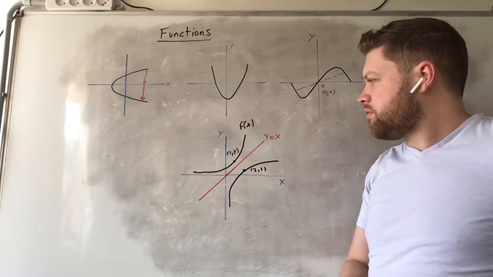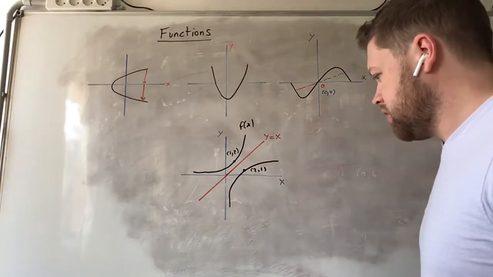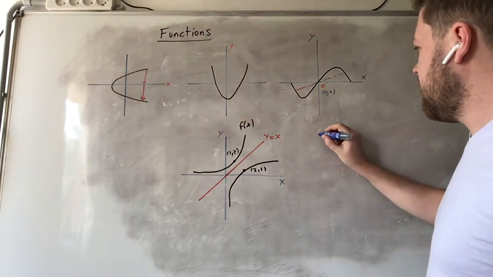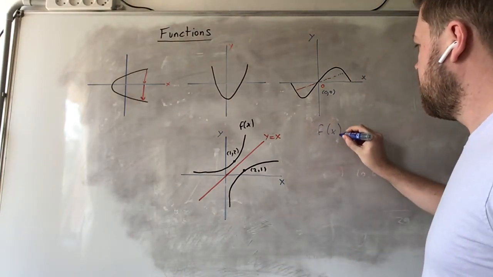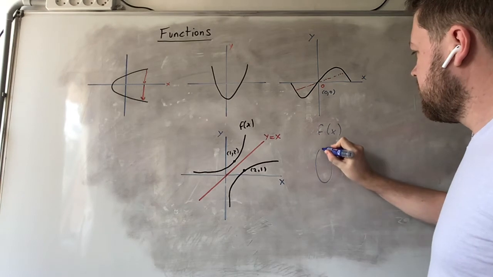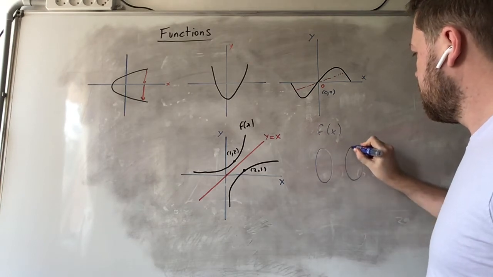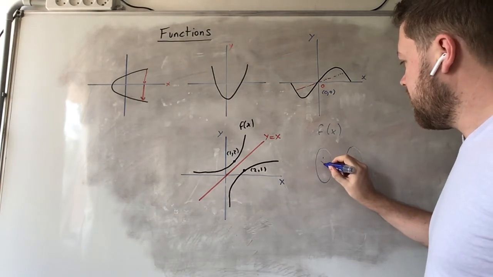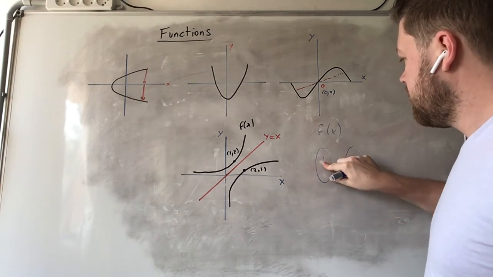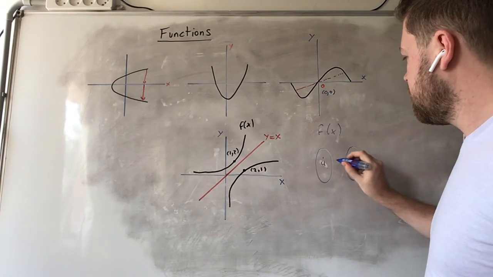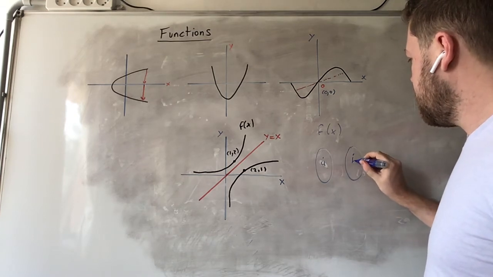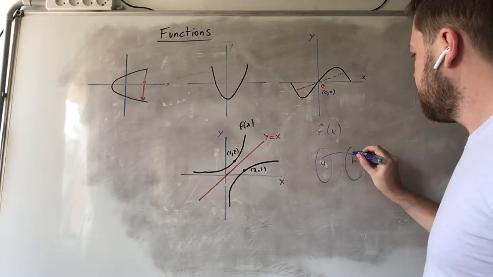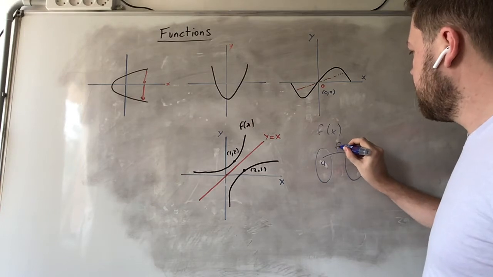Okay, so if our function f of x takes some value, let's call it a just to be different, and it outputs a value b.